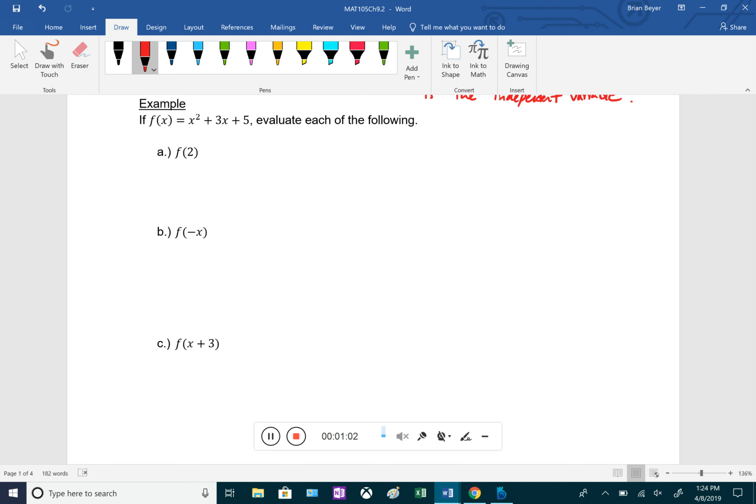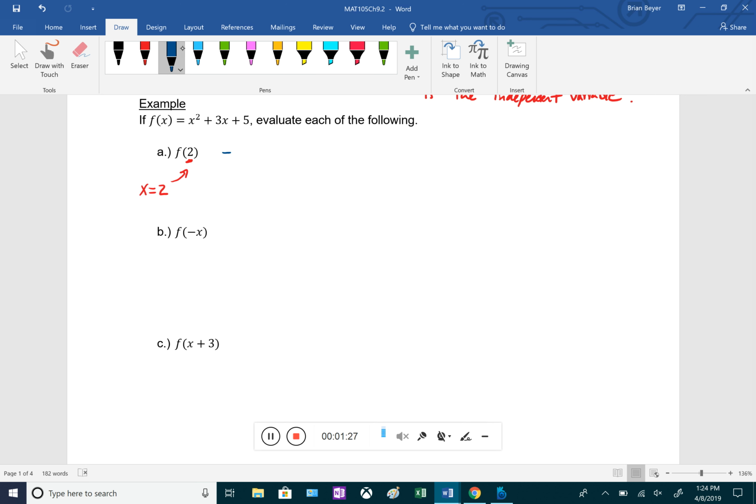Okay, so let's do an example where we evaluate some of these functions using this notation. So if we have f of x equals x squared plus 3x plus 5, and we want to evaluate f of 2, so instead of having f of x, we now have f of 2. So this means that x equals 2. So we're trying to find the function values, or the y values, when x equals 2.